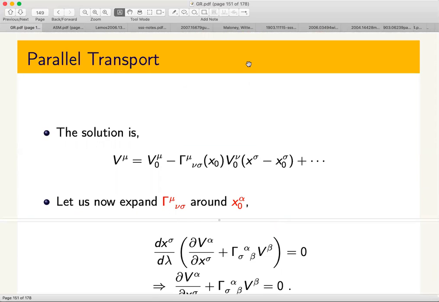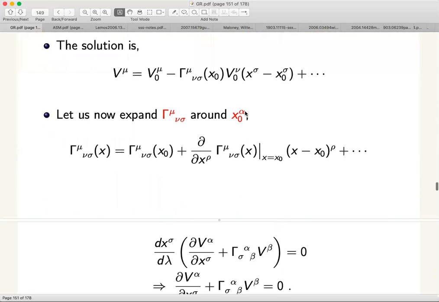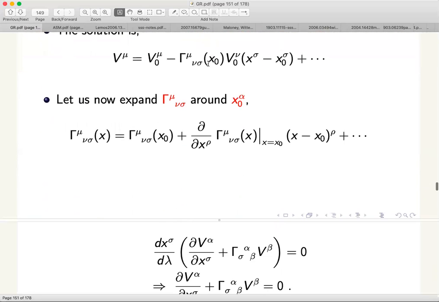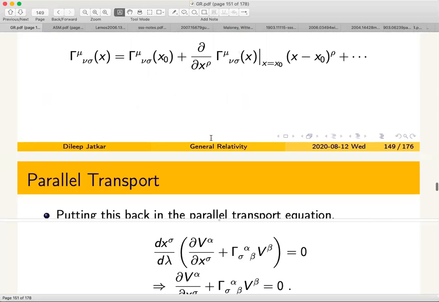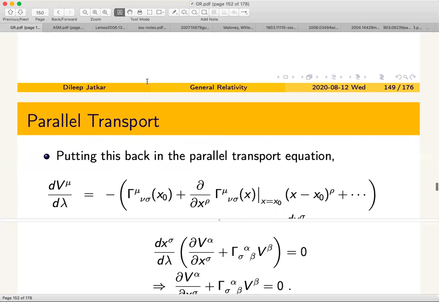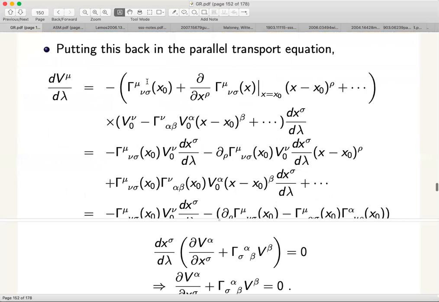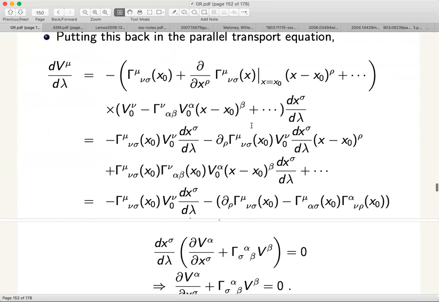Then we take this and put it back into the equation, and of course you need to correct the Riemann-Christoffel connection also. Taylor expand it around a particular point, plug those two pieces into the equation, and we get something which looks a bit messy, but this is a Taylor expansion of the Riemann-Christoffel connection.